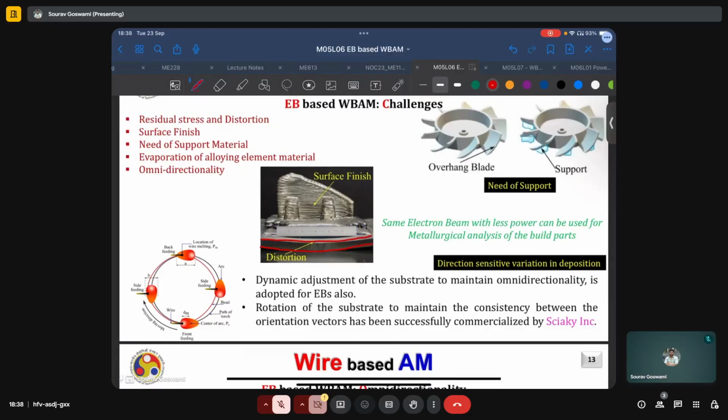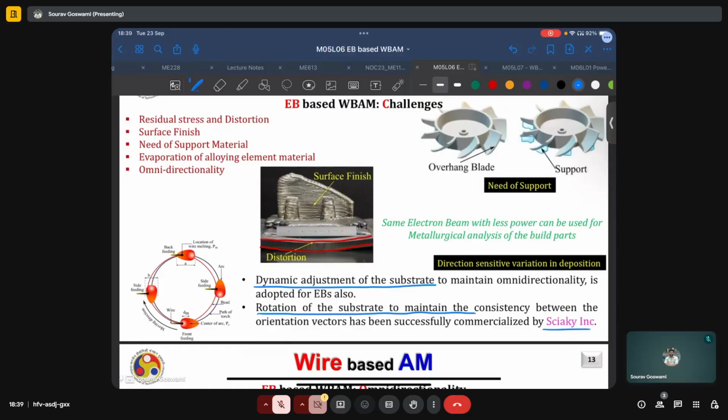Some of the ways to counteract or balance out these negative effects are by dynamic adjustment of the substrate to maintain omnidirectionality, or rotation of the substrate to maintain consistency between orientation vectors, which has been successfully commercialized with CRT.